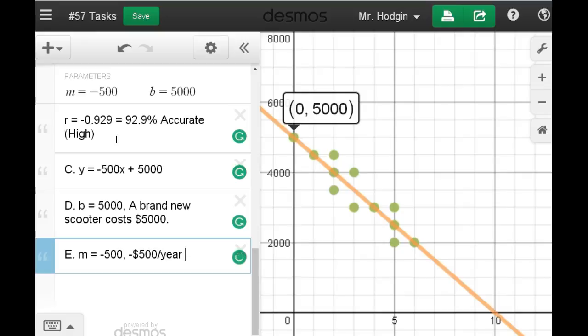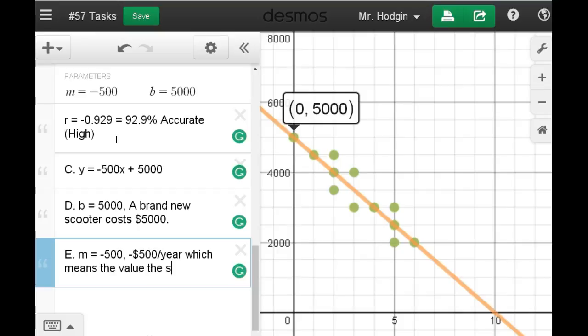Which means the value of the scooter goes down $500 per year.